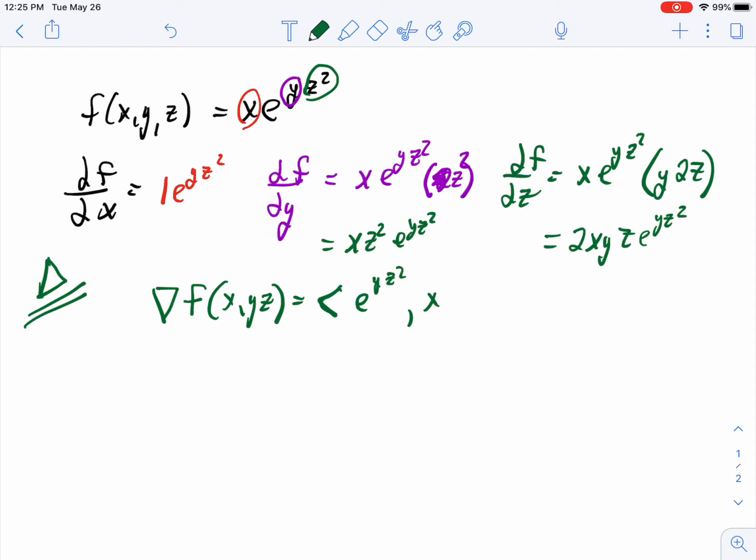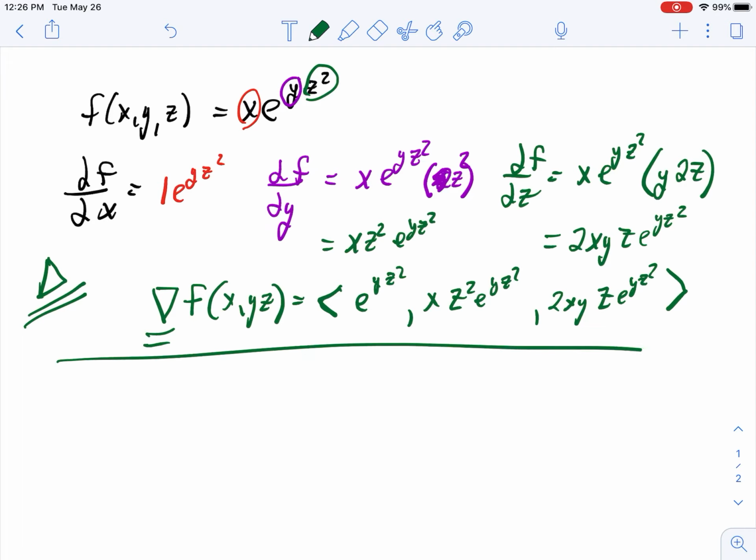So you have e^(y z squared), x z squared e^(y z squared), comma 2xyz e^(y z squared), like so. Basically this just says that you've done partial derivatives with each individual variable. And also notice that this is a vector as written.